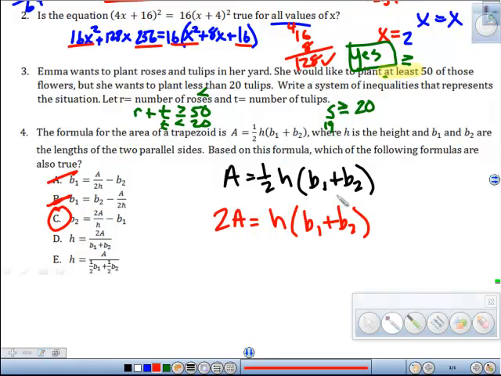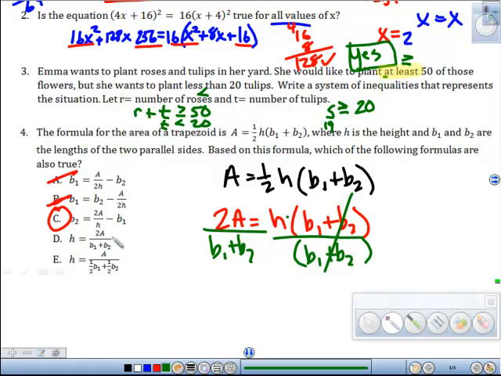And in order to get all of this away from the h, let's consider what the operation is between them. So I have h right here, and this is basically being multiplied. So the undo of multiplication is we're going to divide by all of this stuff, b sub 1 plus b sub 2. And so that's what we're looking at when h is isolated.